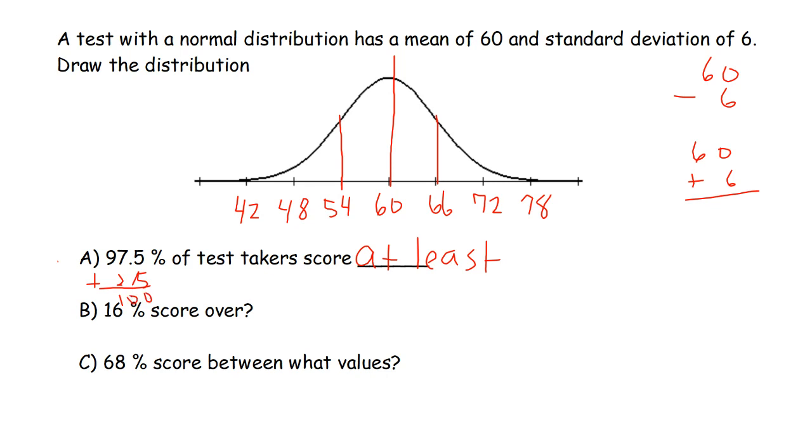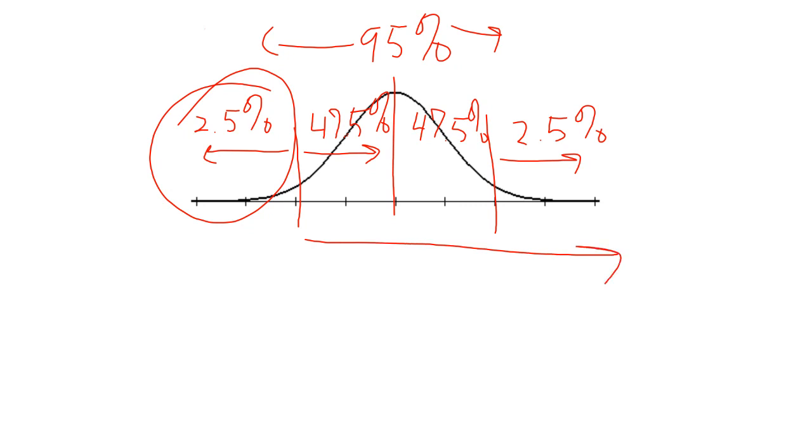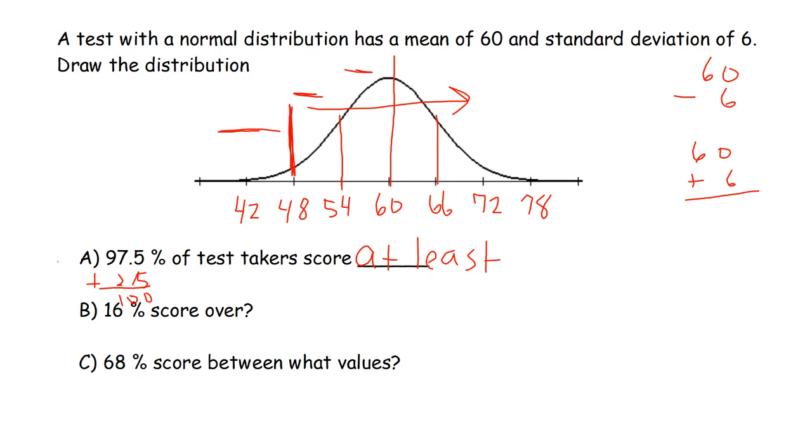Remember, right here was 34 and 47, and then 2.5 was out here. So everything above the 2.5% would be 97.5%. So everybody will score at least a 48 on this test.